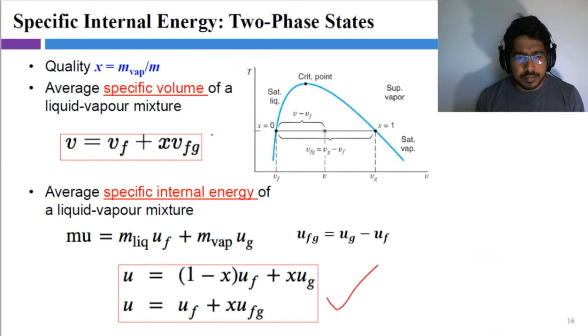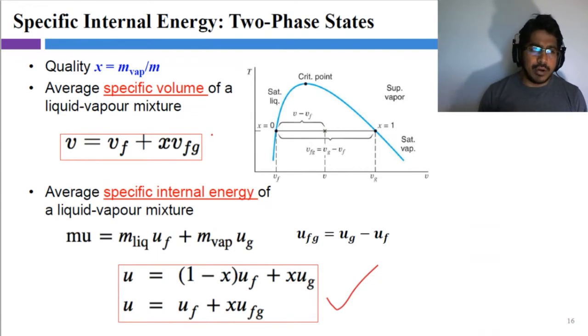Are we clear there? Perfect. So now you know, if the quality is given, you can find the specific volume at a given state inside the dome. And if the quality is given, you can find the internal energy of a given state inside the dome.